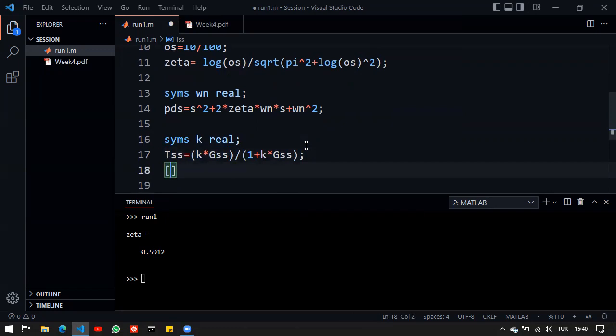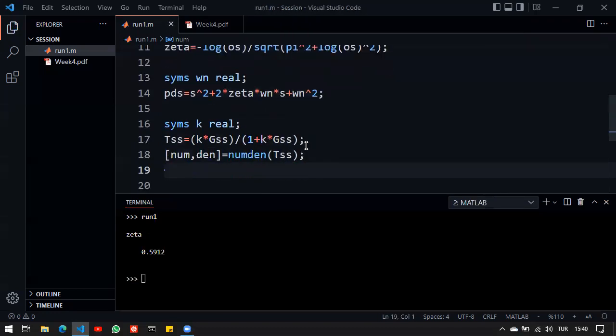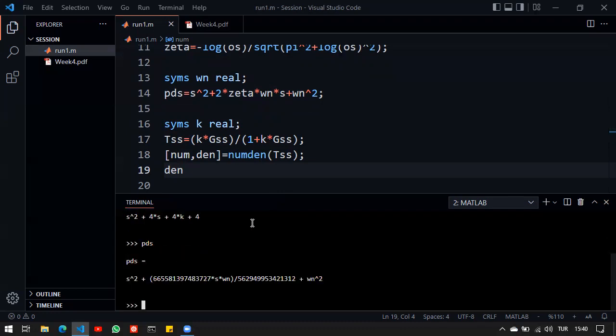Now let's extract the numerator and denominator here. And then we're looking for the denominator here. So that's basically given, and we constructed PDS here. So in order to see it better, let me use VPA here.